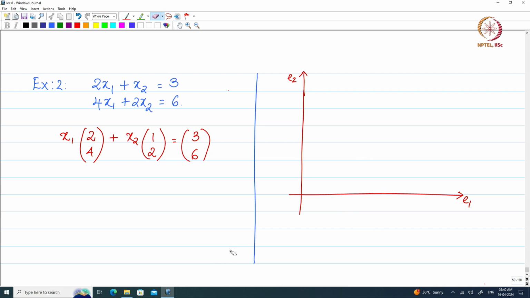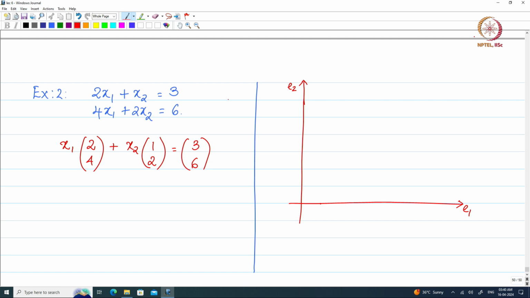Let us mark all the points: 1 2 3 4 5 6 and 1 2 3 4 5 6. The vector 2 4 is a vector in this direction, and 1 2 is this vector, which is also along the same direction.